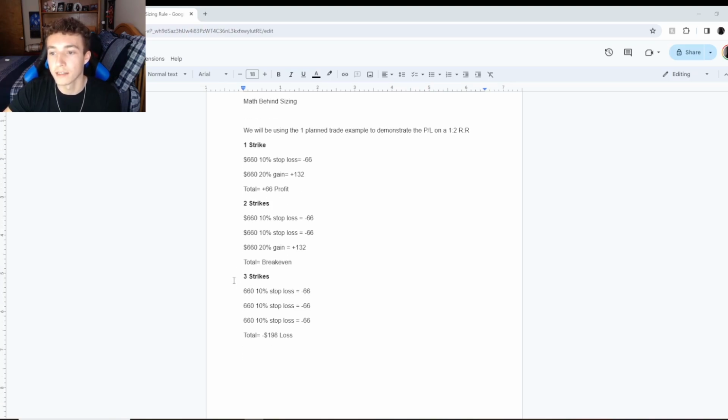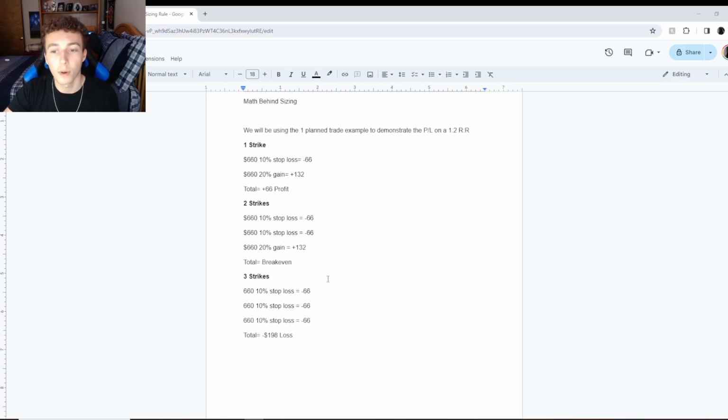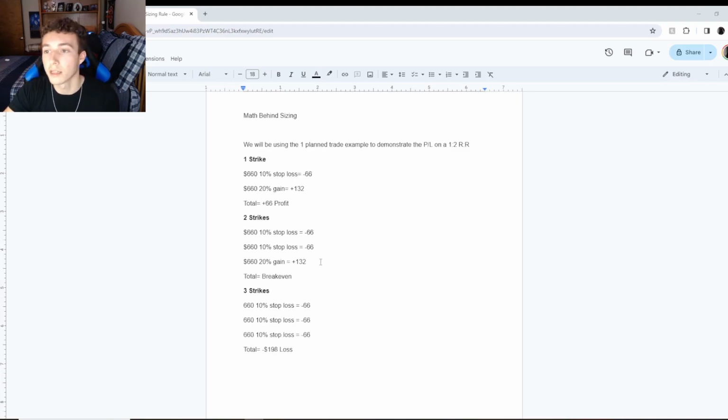So this is worst case scenario. You hit your stop loss 3 times with the same position size in one day. You end with a $198 loss. Once again, you're going to have to factor in your own personal win to loss ratio and plug these numbers in.